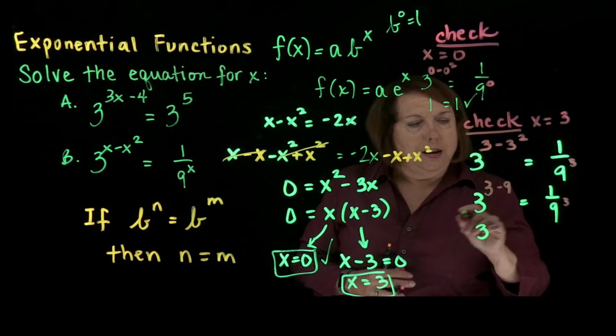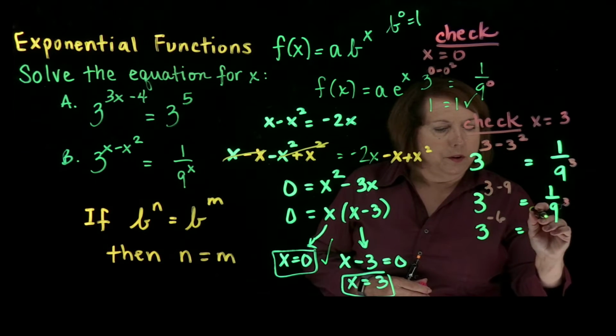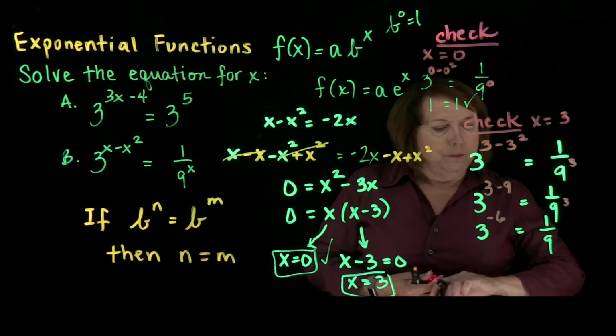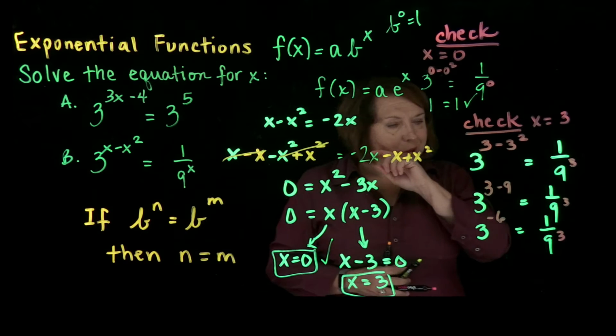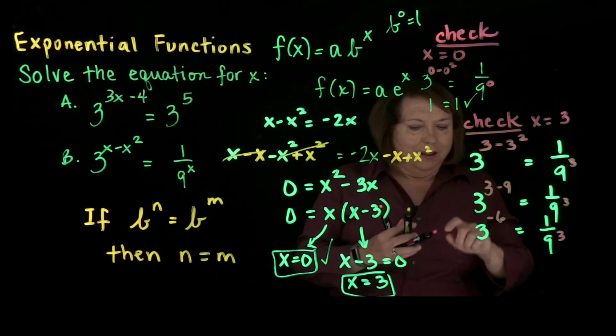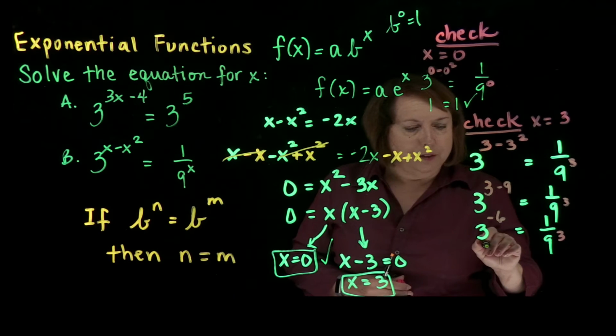So we have 3 to the negative 6 power is equal to 1 over 9 to the third power. Now, could those be the same? Well, let's think about it. The left side is 1 over 3 to the 6th.